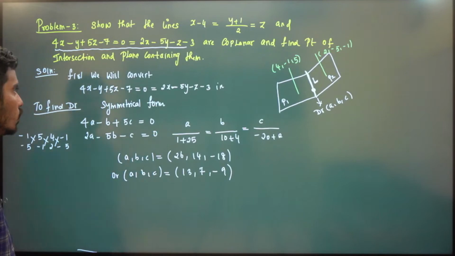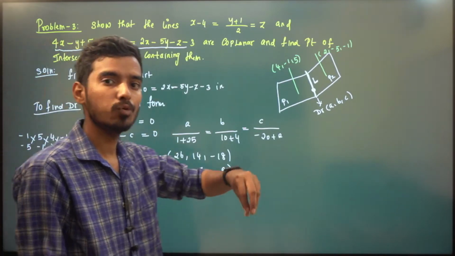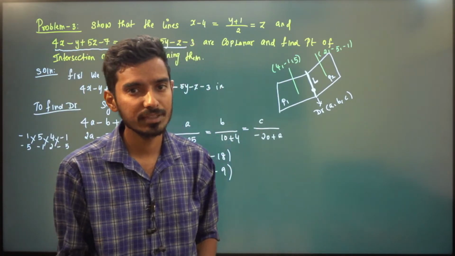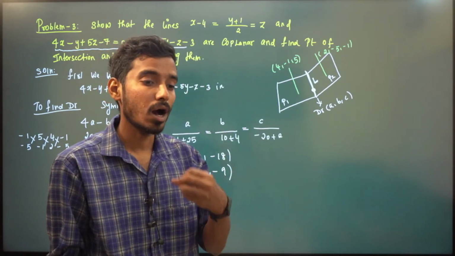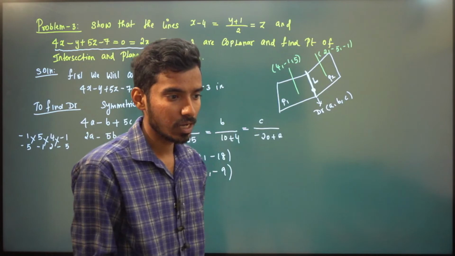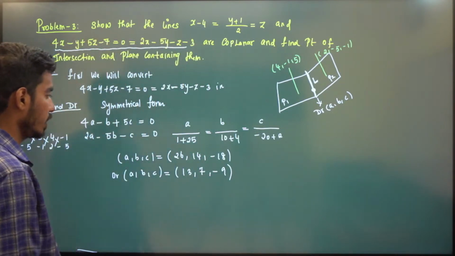Now to find any one point, what do you have to do? You can either put x equal to 0 and solve for y and z, or put y equal to 0 and solve for x and z, or put z equal to 0 and solve for x and y, right?